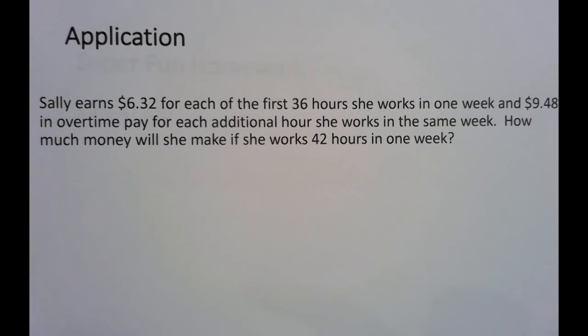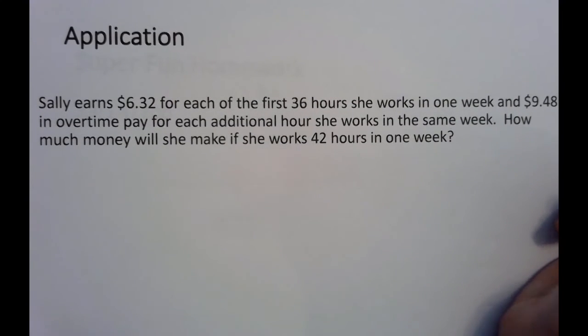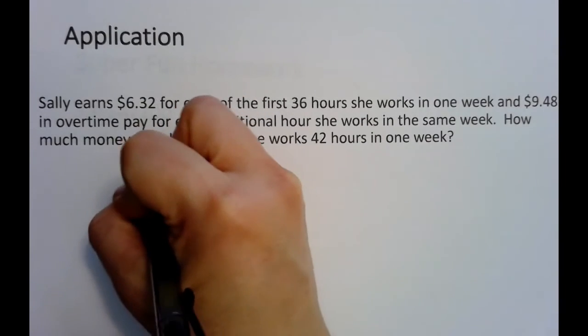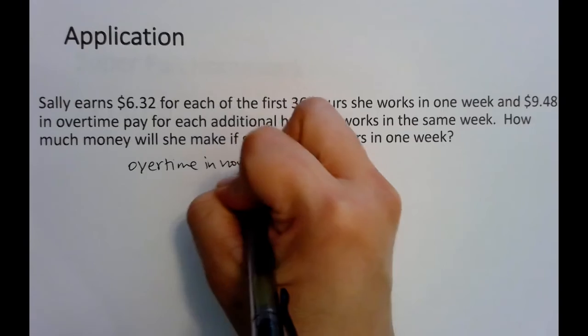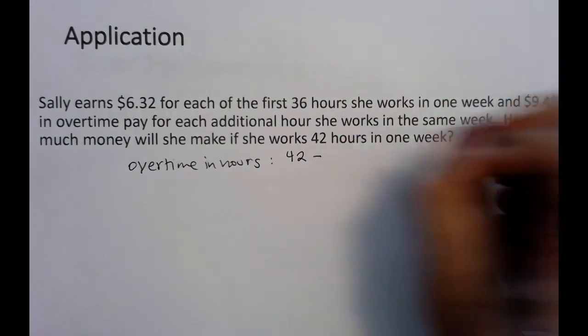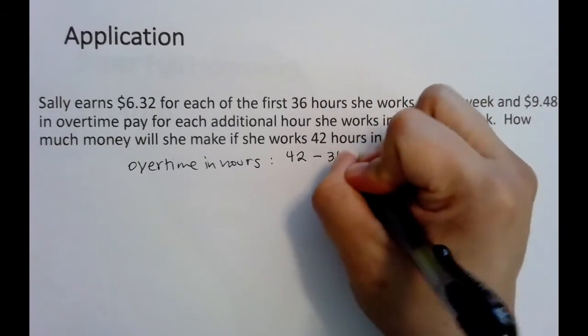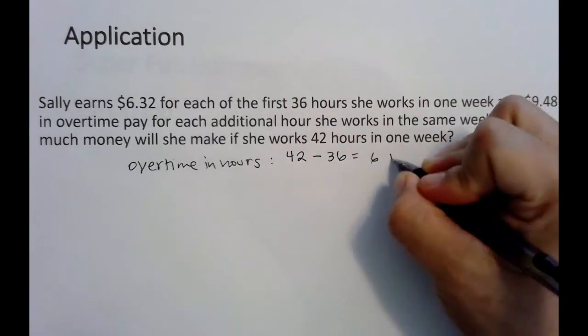How much money will she make if she works 42 hours in 1 week, right? So we first need to calculate the amount of overtime. So what is the overtime in hours? We take the total amount that she worked minus the hours that will be paid regular, right? And then, so 42 minus 36, that would be 6 hours overtime.